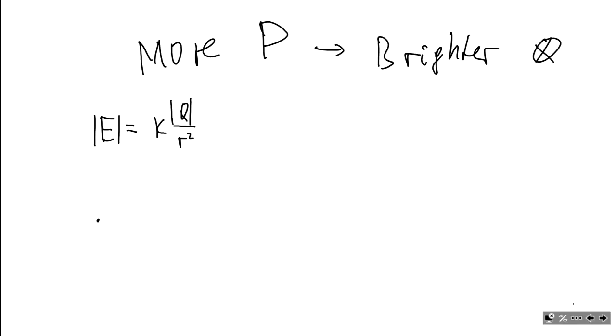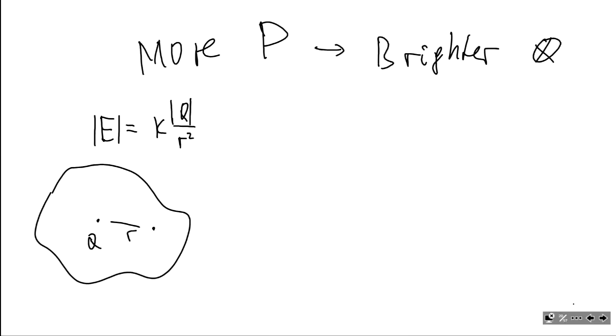This is a charge. It creates electric field around it, and at a certain point away from it, at a distance r, this will be the magnitude of electric field generated by that charge. We call it a source. But there is also the magnitude of a force acting on a charge from an electric field. And that's a different equation.